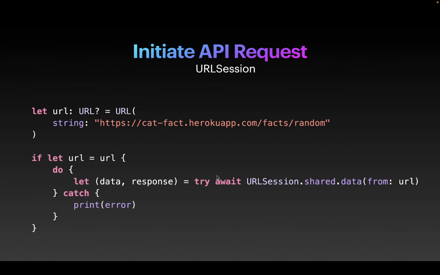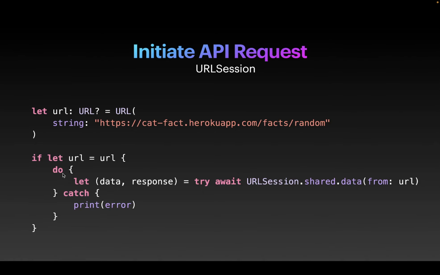So is the general syntax clear? There's also one thing here: we use parentheses to enclose two different variables. It's called tuple unwrapping, I believe. The .data function returns two values as a tuple, and we can use this syntax to unwrap the tuple. It has two elements: the first one is the data, and the second one is the response.